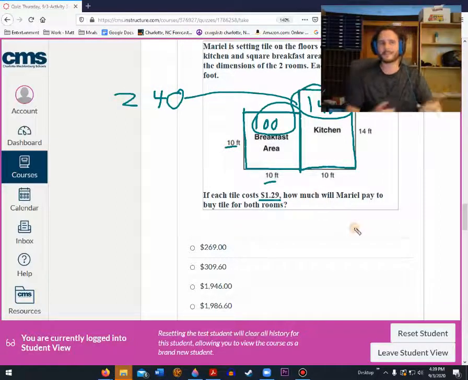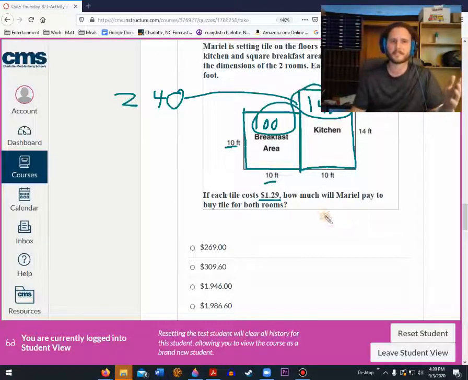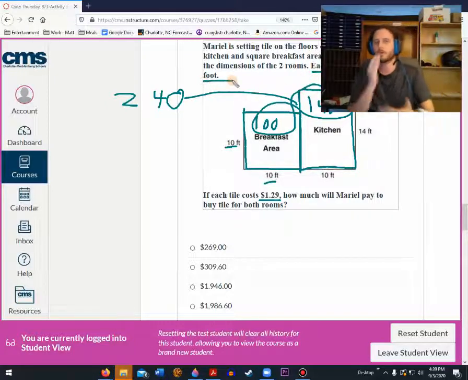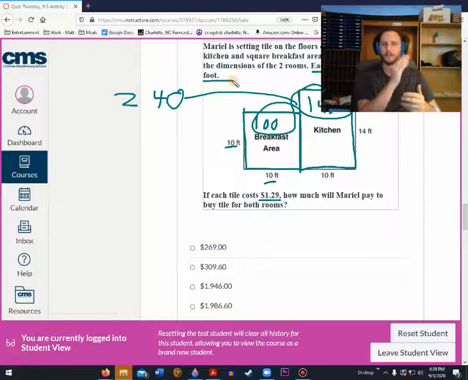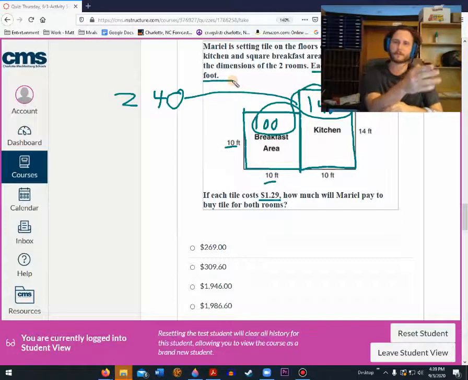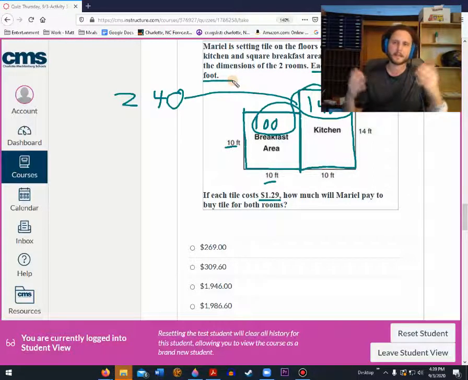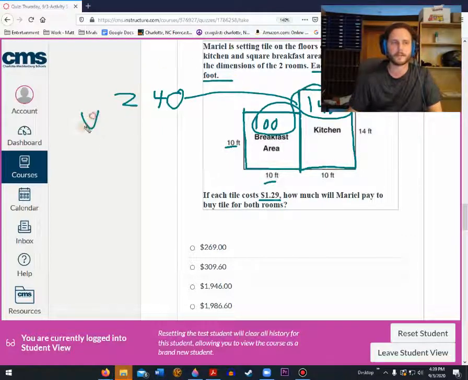240 obviously is not an answer choice. So for this one, it tells us here, each tile covers 1 square foot. So 1 square foot, 1 tile. So we take 240 square feet and we're going to multiply that by the amount it costs for each tile. So we do that times $1.29.